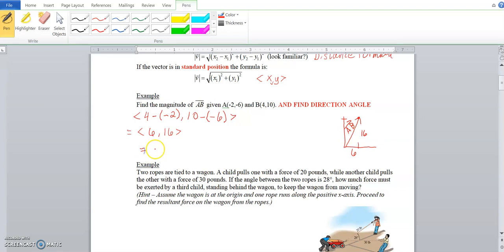And that is just the square root of 6 squared plus 16 squared, which is 17.09. We don't have units, it just gives us coordinates on the XY plane. So that would be our final answer for that one.